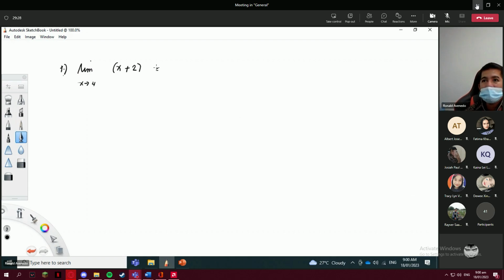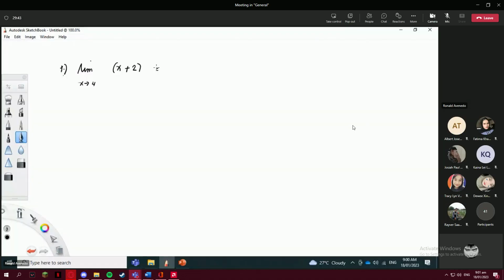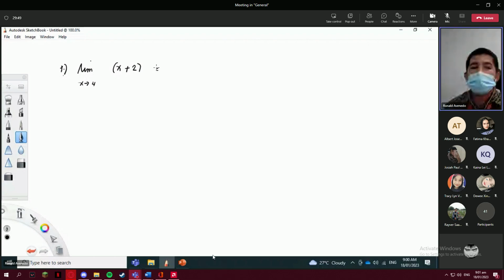And when we look at the two tables, the values of f approach 6. Now the shorter solution without tables: limit of x plus 2 as x approaches 4, we will just substitute x by 4.